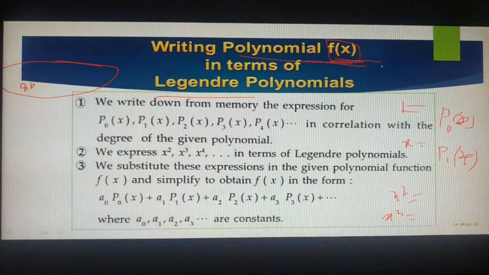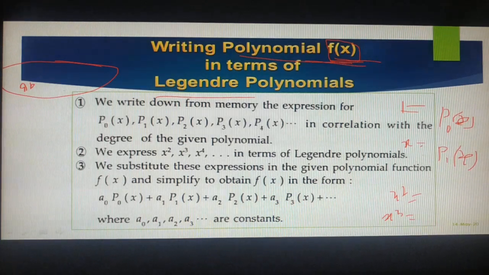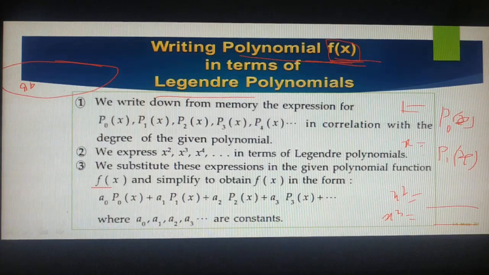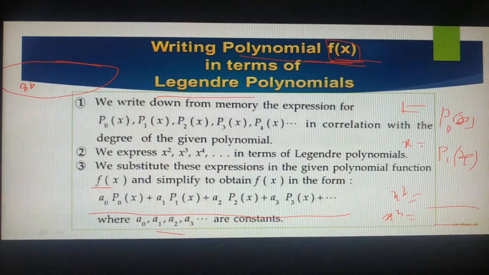In place of x cube, x square, x, and the constants, we can substitute these polynomials. Once we have written x square and x cube in terms of Legendre's polynomials, we substitute them all in our f of x, which will be written in this form, where a0 to an all become constants. It's very easy. The only thing is we have to correlate the values.